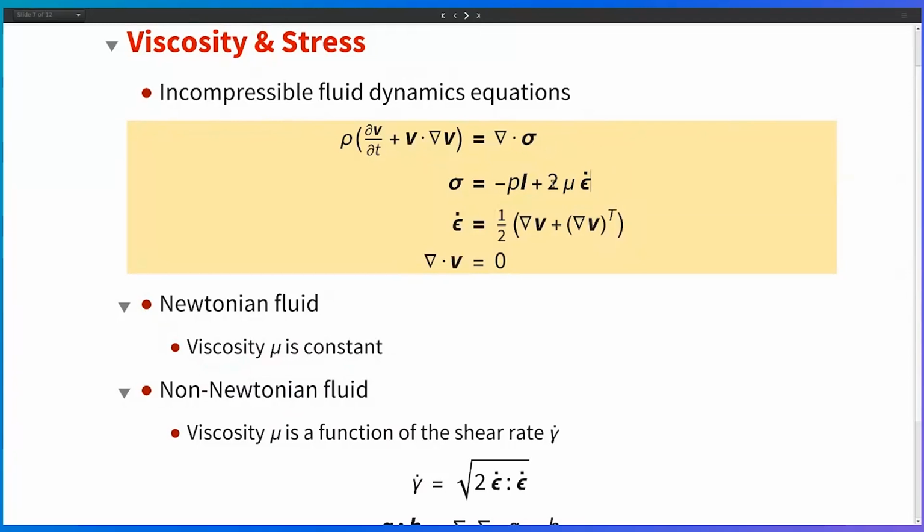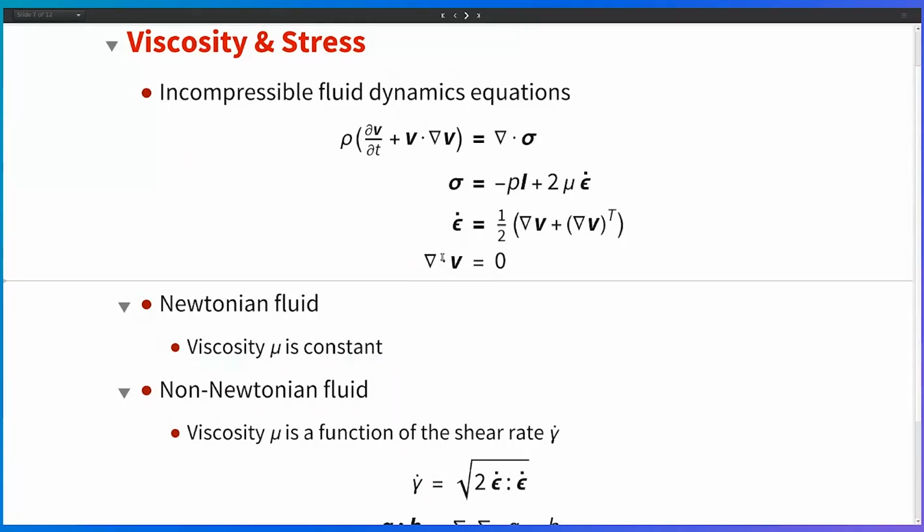And this viscous stress tensor is equal to 2 times viscosity times epsilon with a dot, which is the strain rate tensor. And the strain rate tensor is just the symmetric part of the velocity gradient. The last equation that we have here is the divergence of velocity. That's just balance of mass, and it means that the fluid that we are dealing with is incompressible.